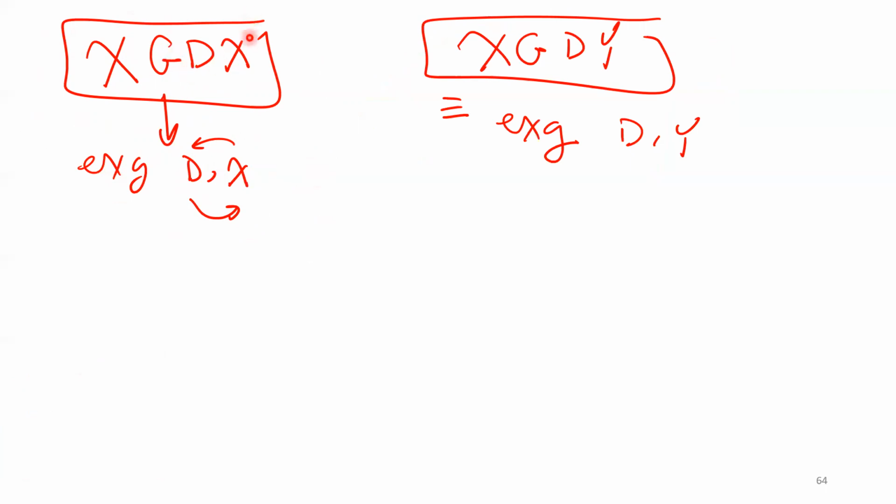Inherent means you don't need to put an operand here because the operation and the operands are together. But for exchange, you have to put two operands here. I also have another one, exchange D and Y. You can exchange D and Y. If you want to use this command, totally fine. If you want to use this one, totally fine. Both of them are going to do the same thing. Okay, guys?